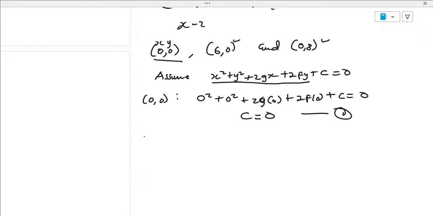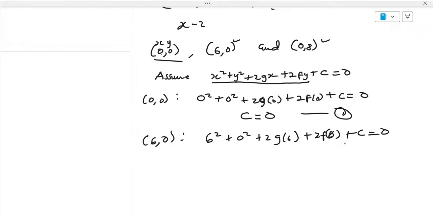Then I'll do the same thing for (6, 0). So I have 6 squared plus 0 squared plus 2j(6) plus 2f(0) plus c equal to 0. This one goes to 0, and this one is 36.